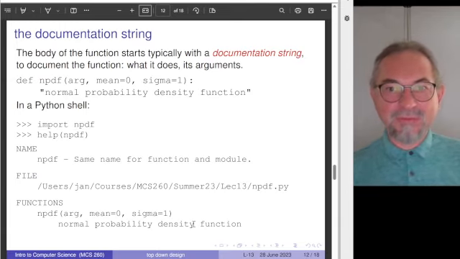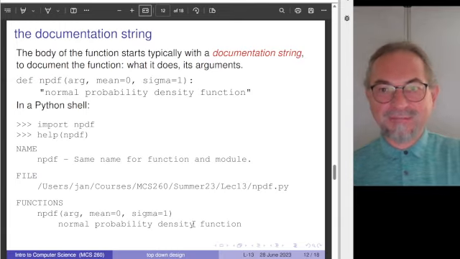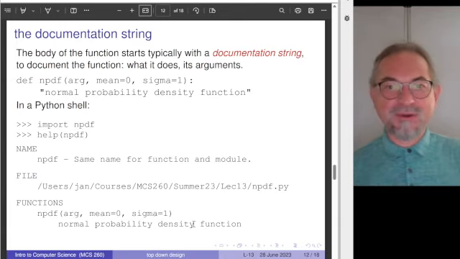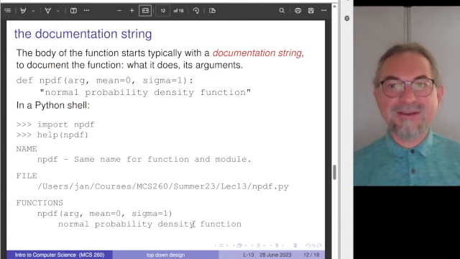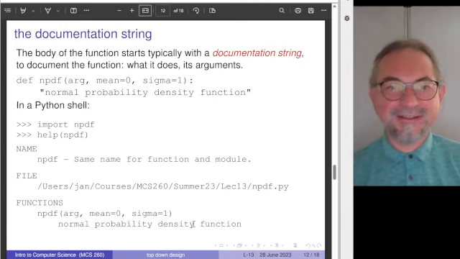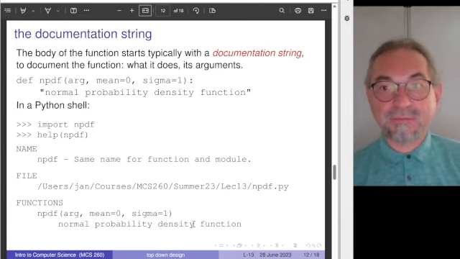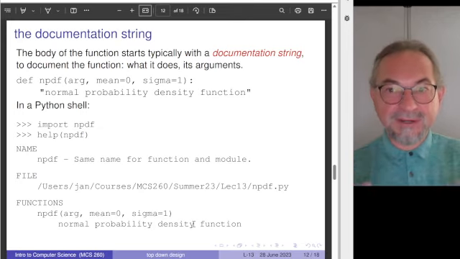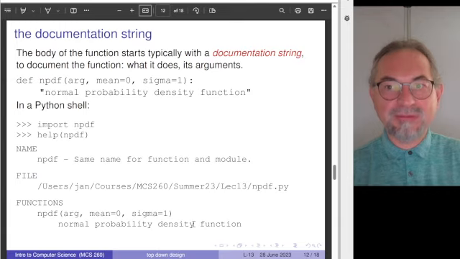So often people write documentation after they have a working program, just to satisfy the pedantic requirements of the professor. But it's very good that you first think about what you really want the function to do before you start writing any code.